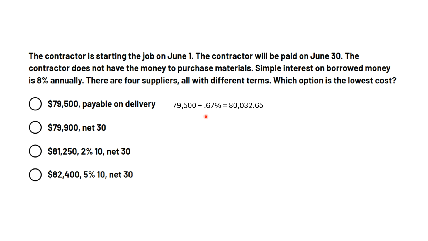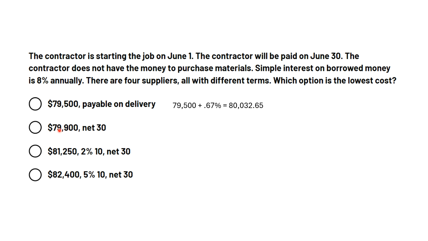You can do that too, but it's much easier if you have the right kind of calculator. You get used to using that calculator: 79.5 plus 0.67% equals 80,032.65. So that's what that job would cost if we use that first supplier and have to borrow the money.